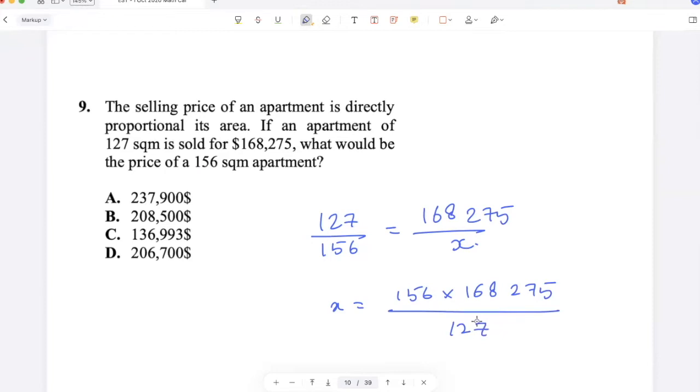So let's plug this in. 156 times 168,275, that divided by 127. So that's 206,700. Option D.